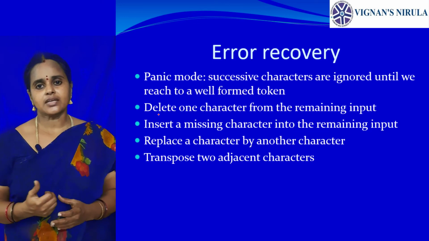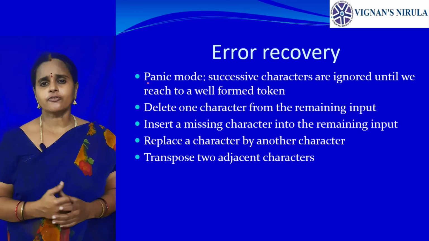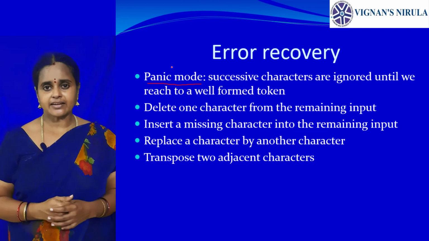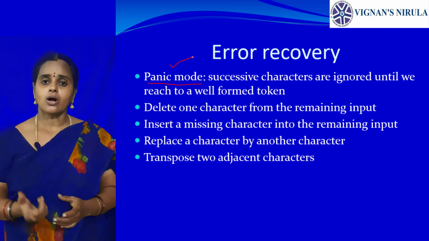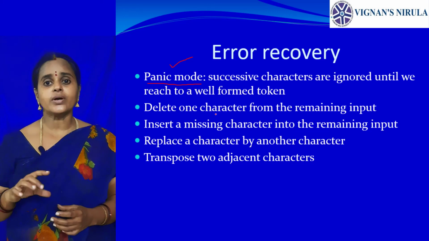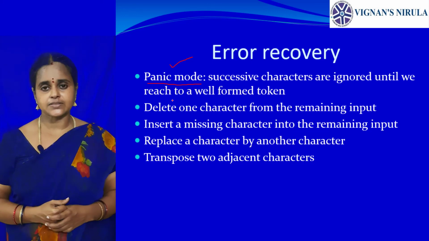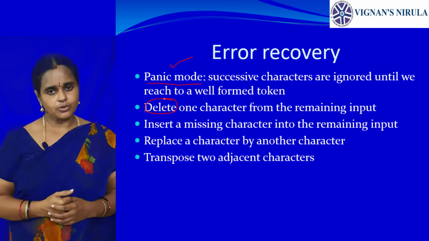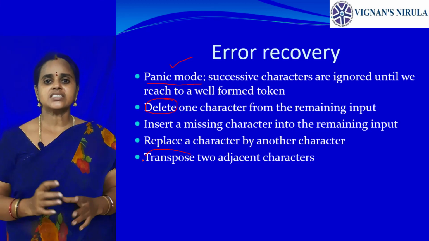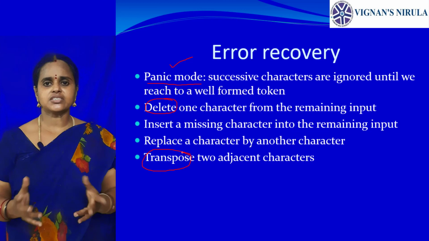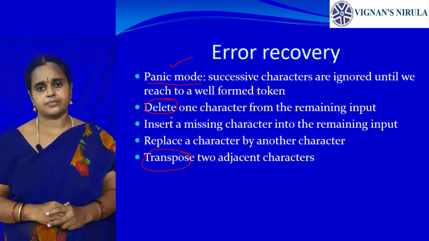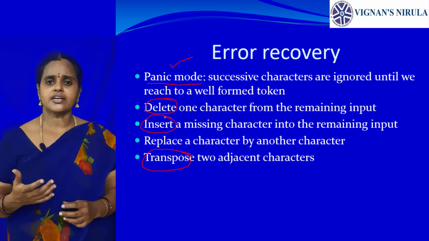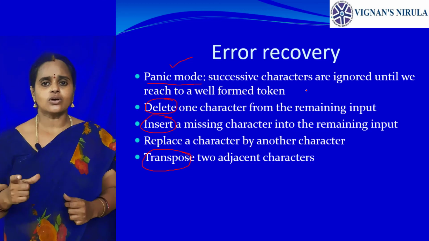In the panic mode error recovery mechanism, it performs either deletion of certain single characters, or transposition of any two adjacent characters, or inserting a new character in between, or just discarding the previous information that it has read. Certain predefined rules are there.